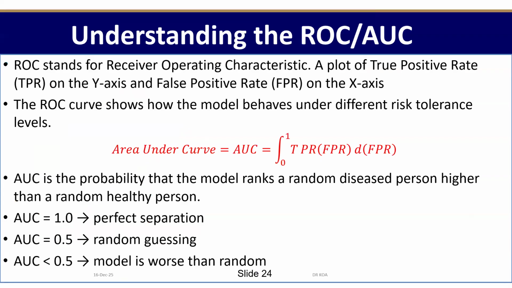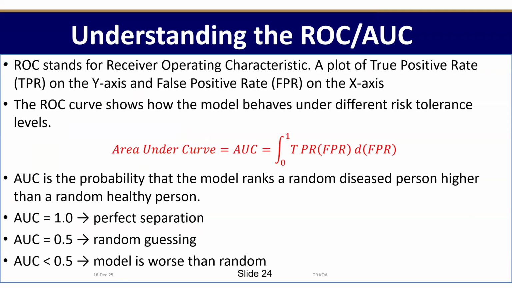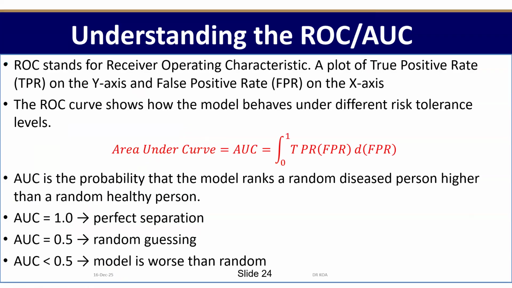ROC stands for Receiver Operating Characteristics. It is a plot, as you can see up there. It is plotting true positive rate, TPR, on this vertical axis, against false positive rate. Now, the true positive rate is on the y-axis, the false positive rate is on the x-axis.